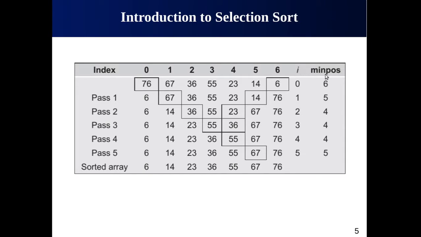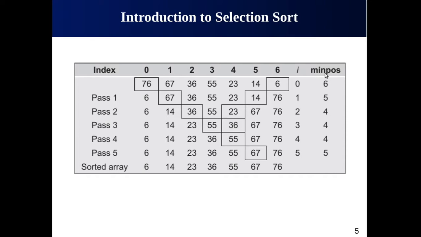These two are variables. We will use them when we study the actual algorithm of the selection sort process. But for here, i is a loop variable which will count the number of passes. Initially we have 0 passes over the data, then pass number 1, 2, 3, 4, and then 5. The total number of passes, like the bubble sort, is n minus 1.